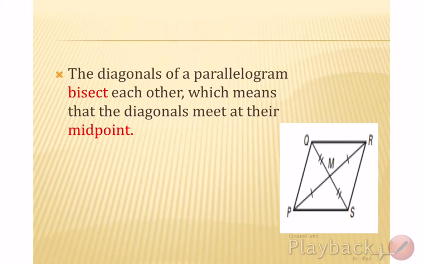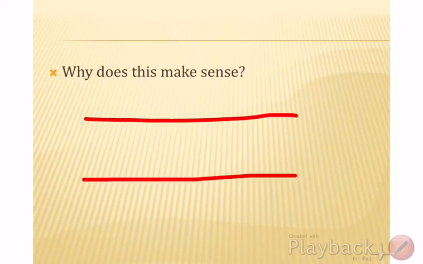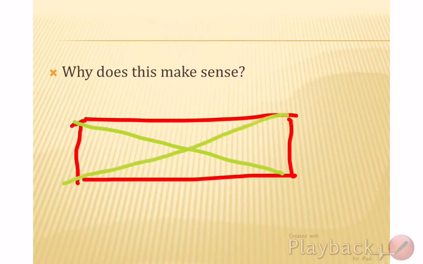Diagonals of a parallelogram, they bisect each other, which means that the diagonals meet at the midpoint. So we've got this labeled M for midpoint. What does midpoint mean? Makes sense because, again, if you have lines that are parallel and they are congruent, then the distance across as a diagonal will also be the same.